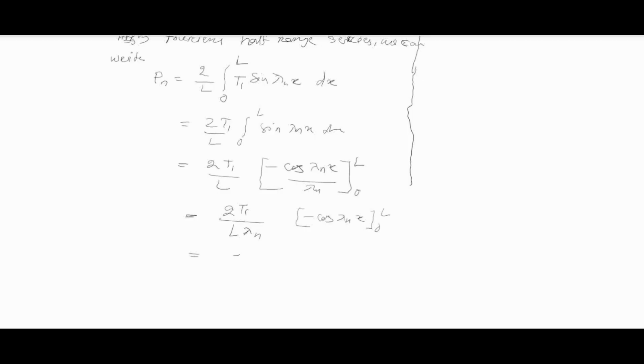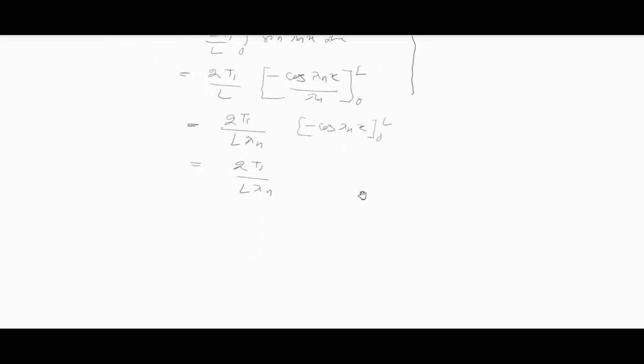So what will you get? 2T1 by L lambda n. But lambda n is equal to what? We know lambda n is equal to (2n minus 1) pi by 2L. So write that: 2T1 by L into (2n minus 1) pi by 2L. The 2L will be written at the top, L cancels. It will give us 4T1 by (2n minus 1) pi.